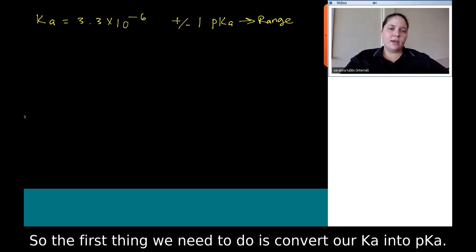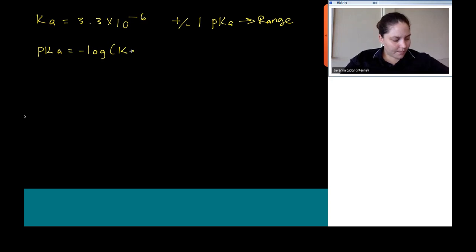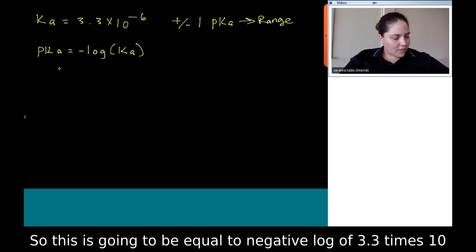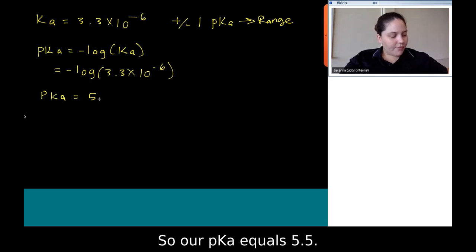So the first thing we need to do is convert our Ka into pKa. And we do that using pKa equals negative log of Ka. So this is going to be equal to negative log of 3.3 times 10 to the negative 6. So our pKa equals 5.5.